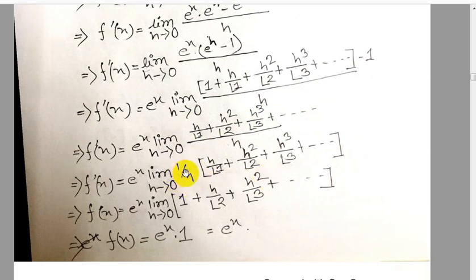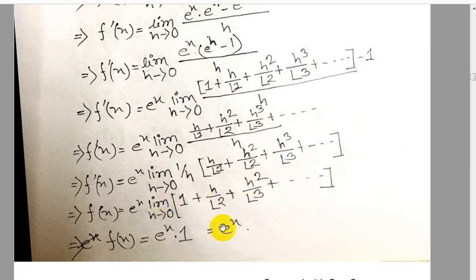If you multiply the whole function with this 1 by h, it will become h divided by h, which you can eliminate, so it will become 1. 1 divided by 1 factorial is actually 1, so this is 1 plus h. It was h square. Now if you multiply h square with 1 by h, it will become h, so h divided by 2 factorial plus, similarly, h square divided by 3 factorial plus so on.